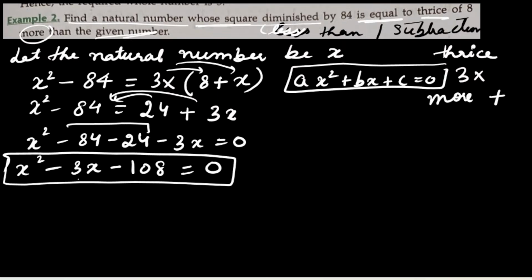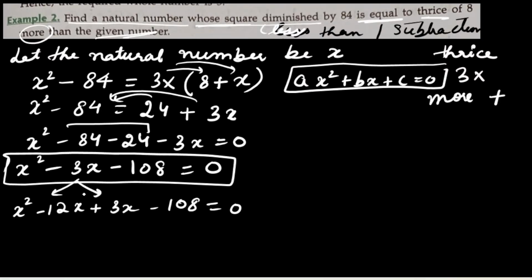So by splitting the middle term we have to do minus 3, we will split into two factors. Shreyasi has given the factors, I'll just write them. So x square minus 12x plus 9x minus 108. So minus 3 I am splitting into minus 12 and 9.